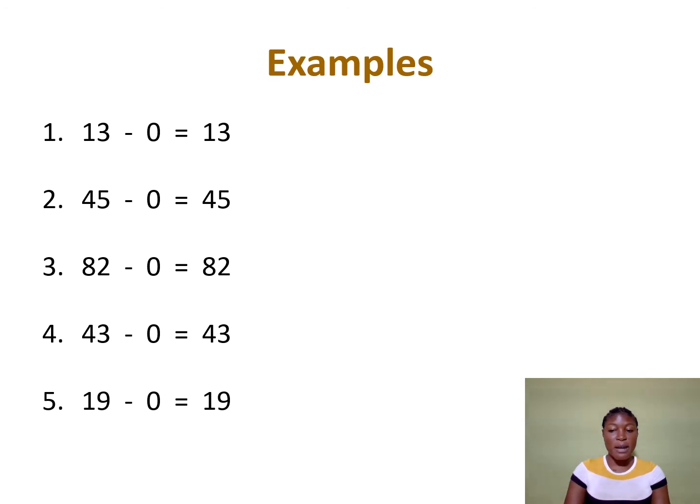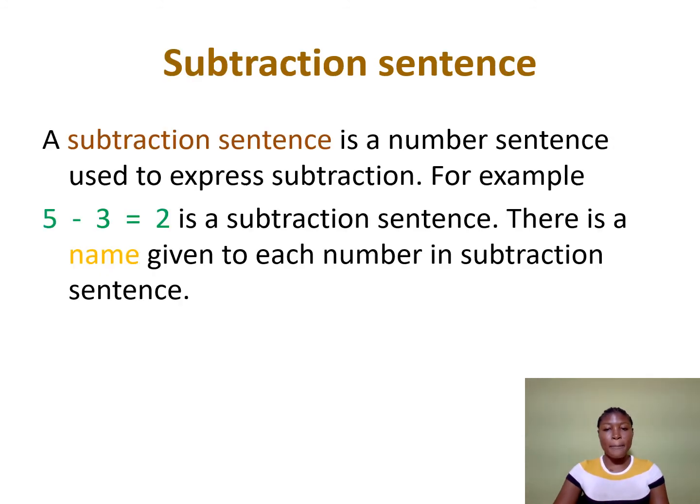You get the same number again. And the last, 19 minus 0 gives you 19. So you see, 0 never affects or adds any value to any number.